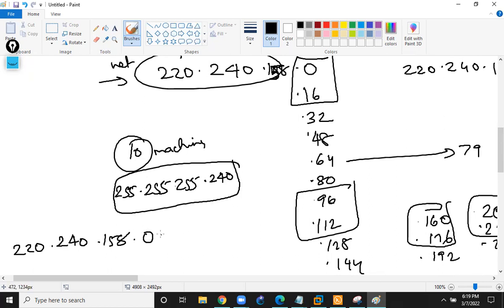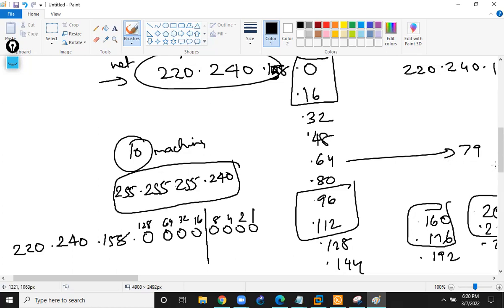So what did we do? We expanded all the host portion: 0, 0, 0, 0, 0, 0, 0, 0. Now we have written 1, 2, 4, 8, 16, 32, 64, 128, and we have drawn the line between 16 and 8.